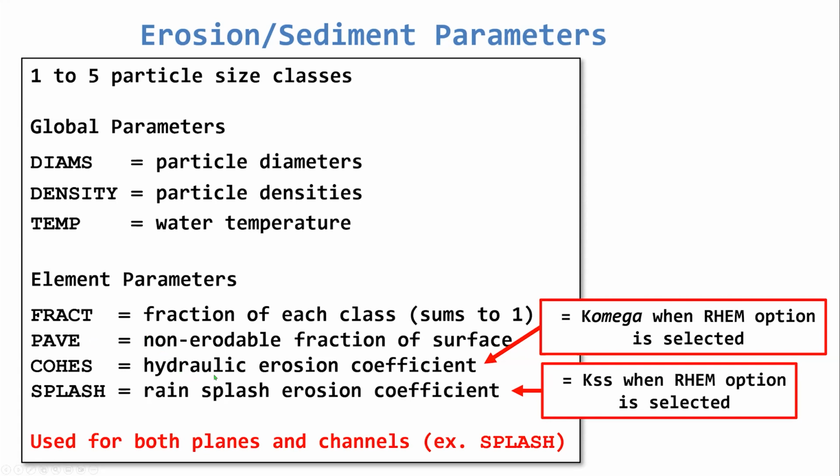Cohesion, again, hydraulic erosion coefficient, and a rain splash term. Again, this is K omega when REM is used, and this is KSS, sheet splash erosion, when REM is used. And again, these terms that you see here are used in both plane and channel elements.